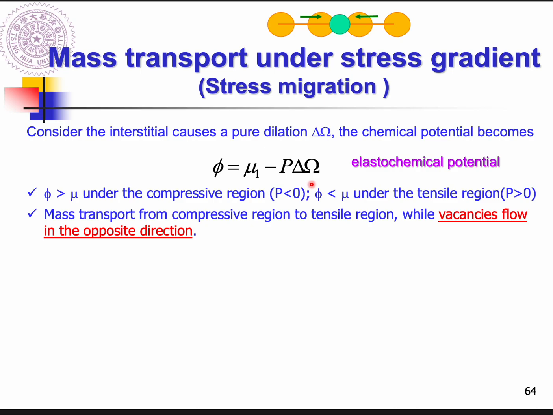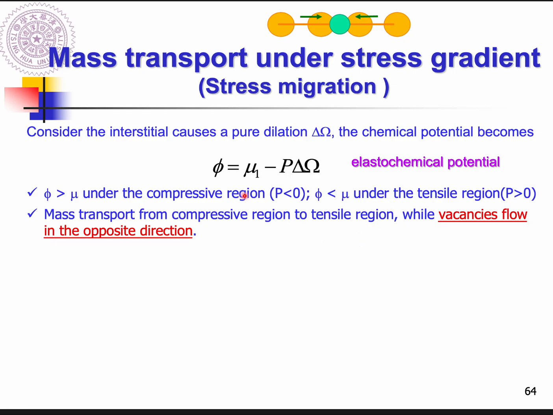So if we compare the atoms at the no stress gradient region, compressive region, and tensile region, what are their chemical potentials? The largest chemical potential will be atoms at the compressed region, then atoms at no stress field, and the smallest will be atoms at the tensile region, right?